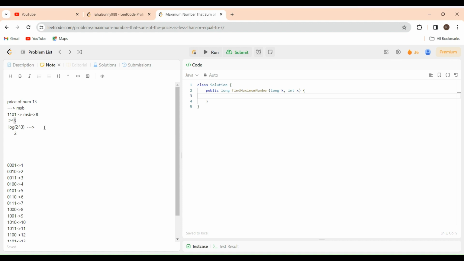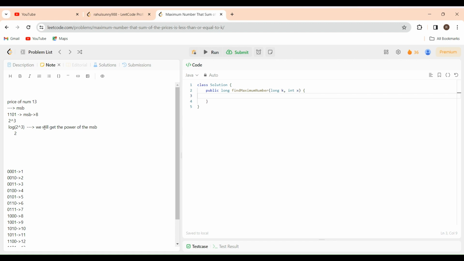We will get the power of the most significant bit. How to get the value?